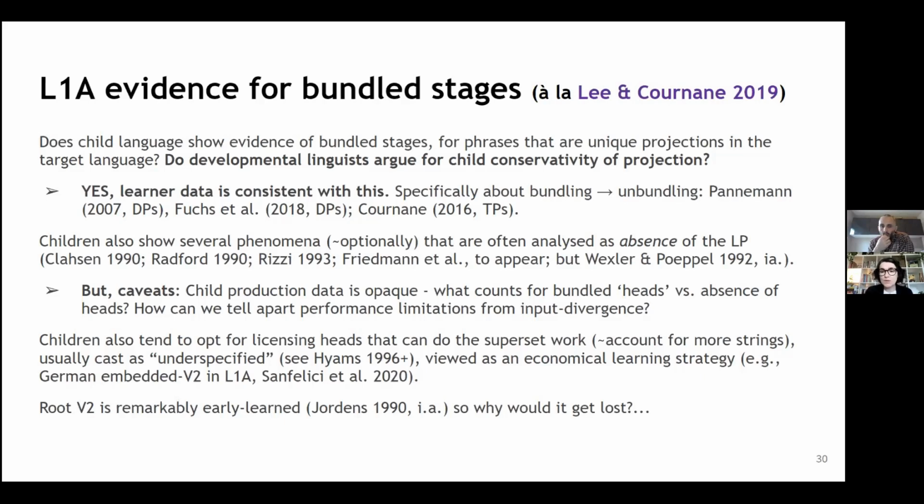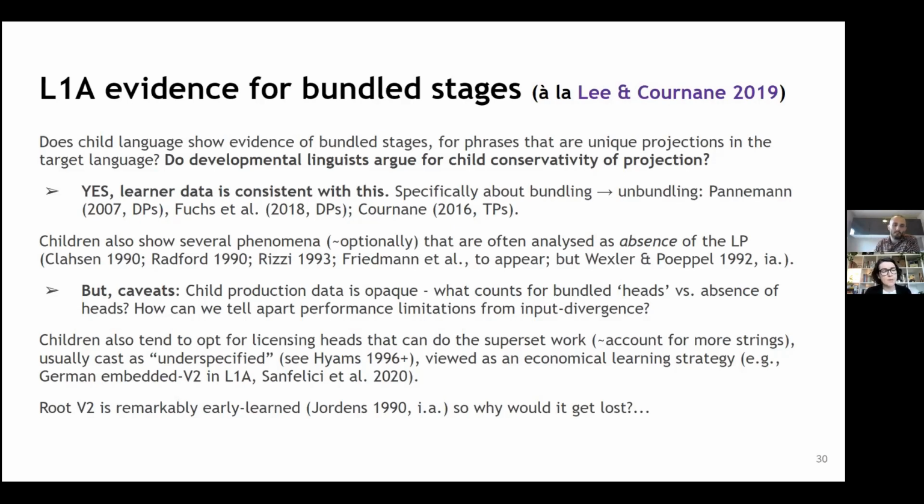I also want to note that children quite generally tend to opt for licensing heads that can do a superset of the work, so account for more strings in their input. This is usually cast as underspecified heads, underspecified relative to the input, and can be viewed as an economical learning strategy. And this has been done for V2 by Sanfelici et al., 2020.